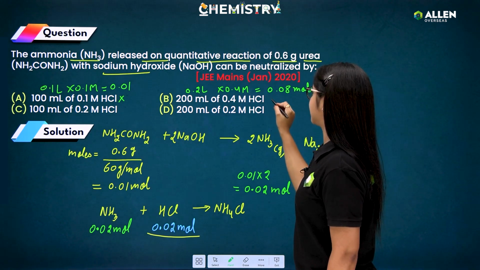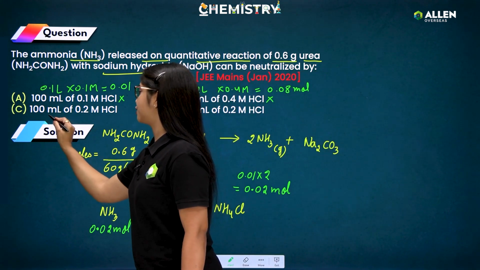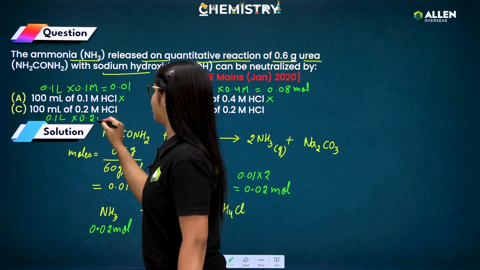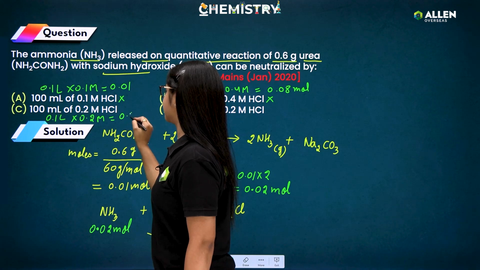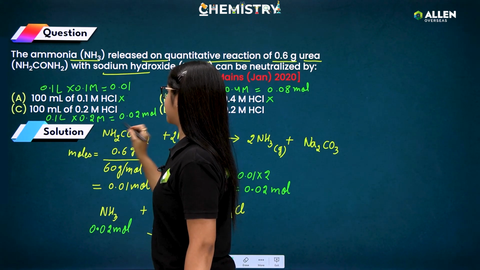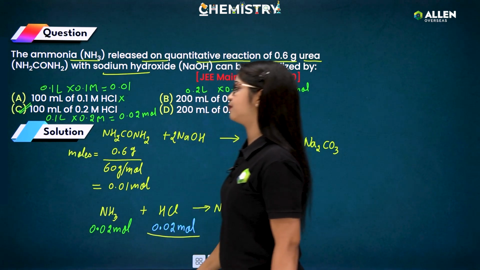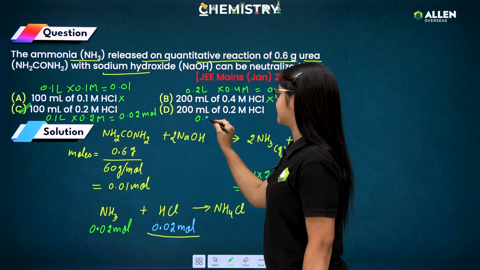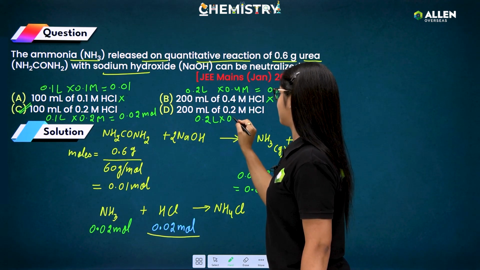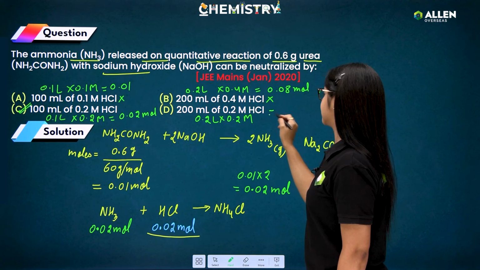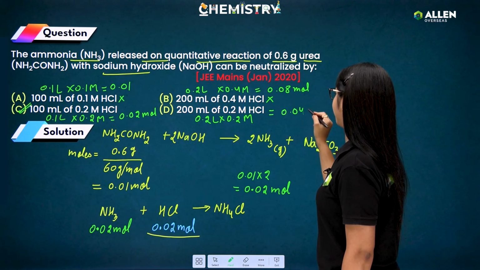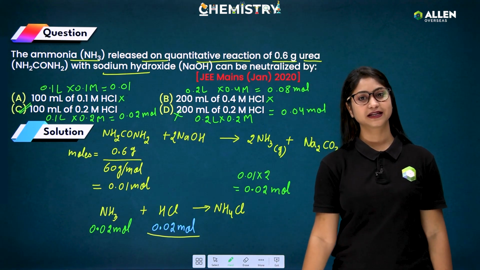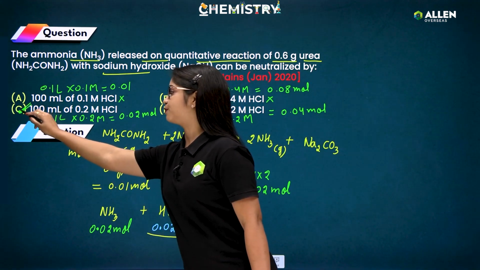So this cannot be the right answer either. In option C you have 0.1 liter into 0.2 molarity, so this will be 0.02 mole. So yes, this option is the right answer. Option C is correct. And option D is incorrect: 0.2 liter into 0.2 molar will be 0.04 mole. So the correct answer of this question is option C.